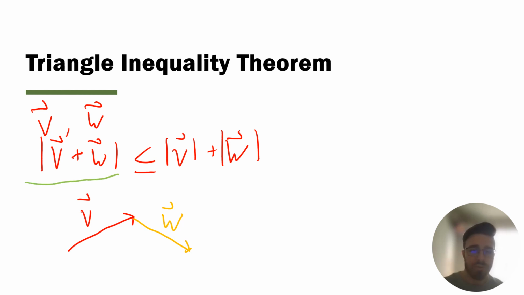Graphically, that would just be starting at the beginning position of v and ending at the end position of w. So it would essentially complete this triangle here. So this would be v plus w. And the length of this will always be less than this length and this length added together.